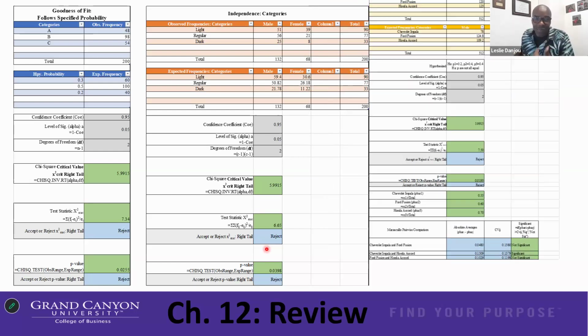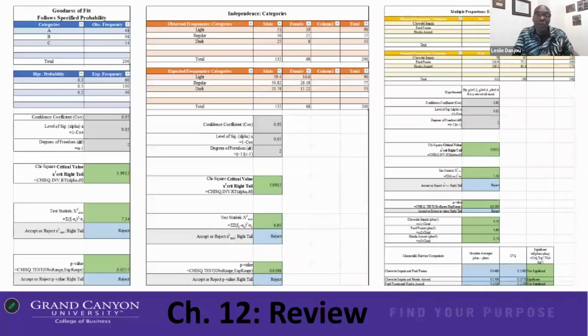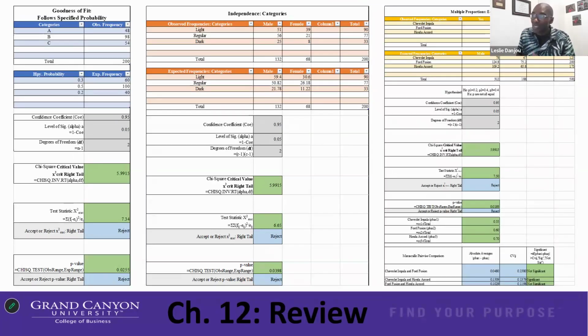Last but not least, the test for multiple proportions. We're checking to see, are these proportions equal? The status quo is that you can have three or more proportions, and you can put them into the hypothesis test for multiple proportions and see whether these proportions are equal.